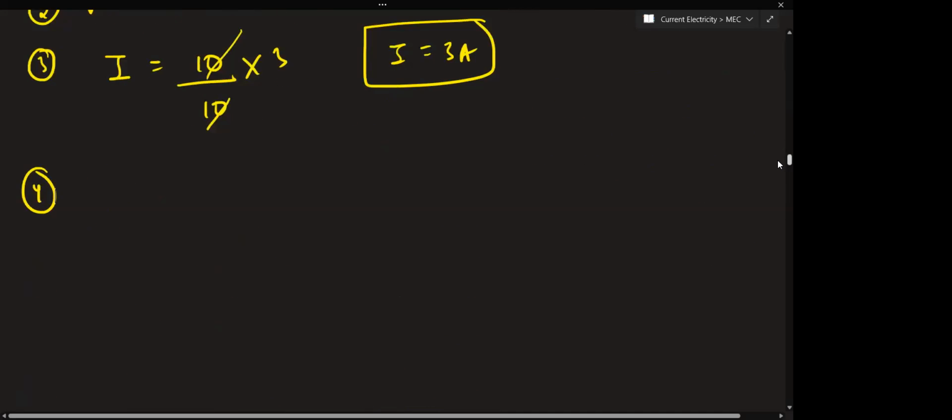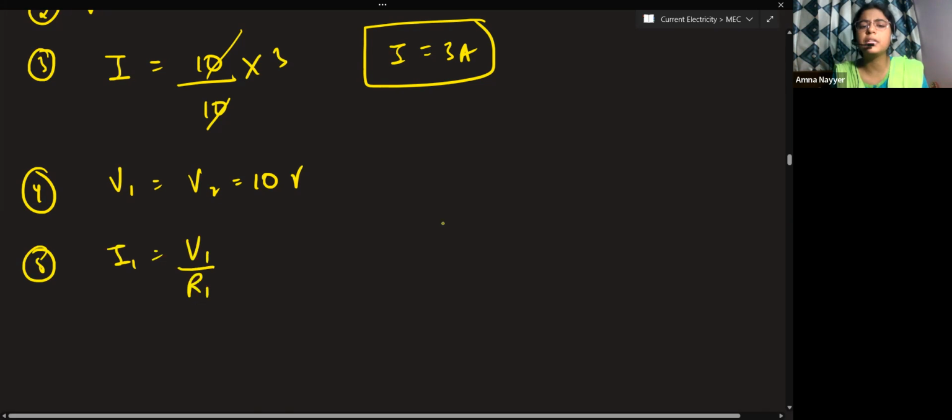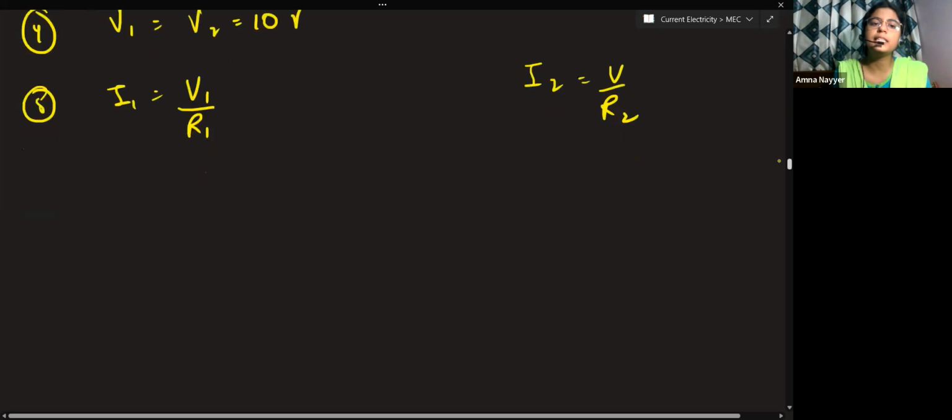Then fourth part was what? Voltage across each. So voltage will be the same because this is a parallel combination. No need to calculate. 10 volt will be there, but current across each will be different. I1 will be V by R1. V will be the same. I2 will be V by R2. So V is 10.